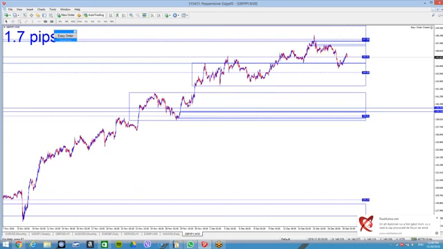So I think we can wait for PA here. Let's say with an engulf of this one. Yeah, and why didn't that one come down and pick up those orders the first time? Exactly. I think it will.